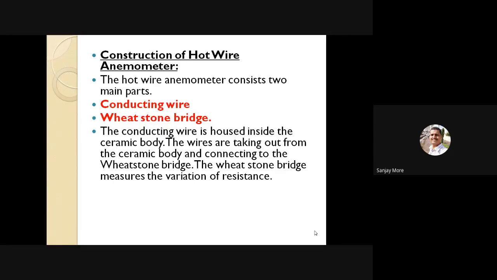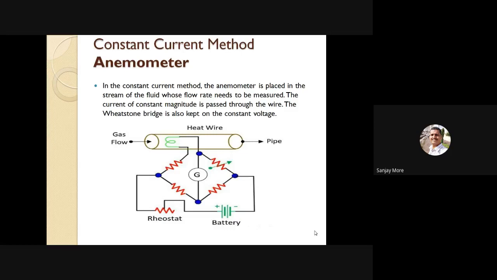The wires are taken out from the ceramic body and connected to the Wheatstone bridge. The Wheatstone bridge circuit is used to measure the variation in resistance. So the conducting wire measures the temperature variation, and the Wheatstone bridge circuit measures the variation of resistance with the help of the hot wire anemometer.